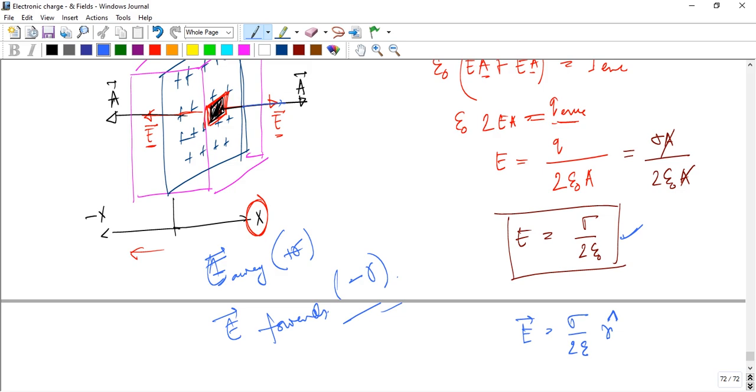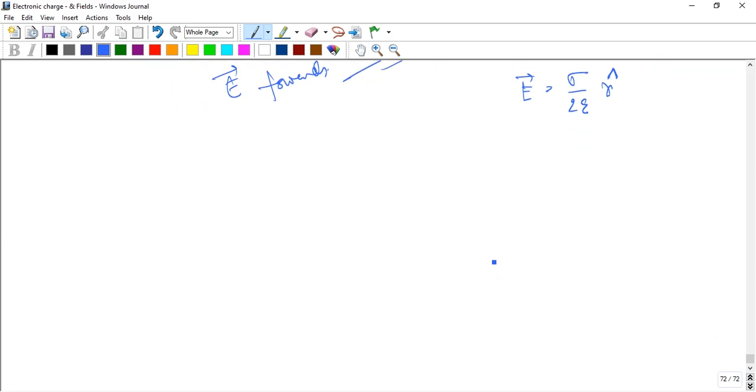And see the application, that's a very good application actually. Take an example of two charged plates. Suppose one plate contains positive charge and the other plate also contains positive charge.